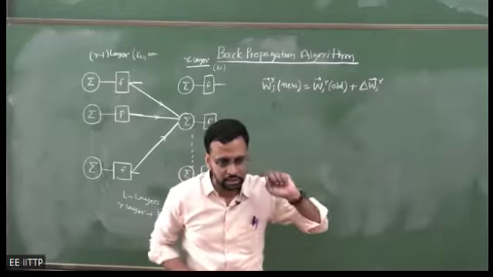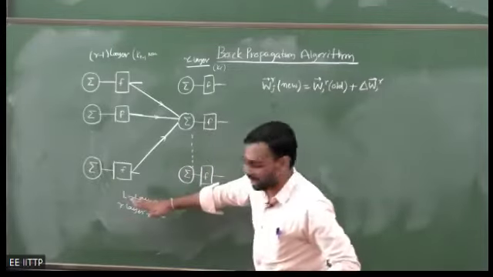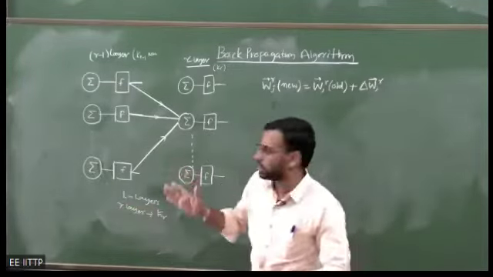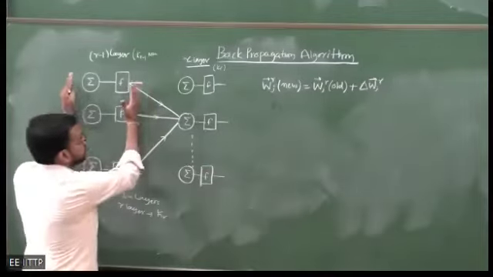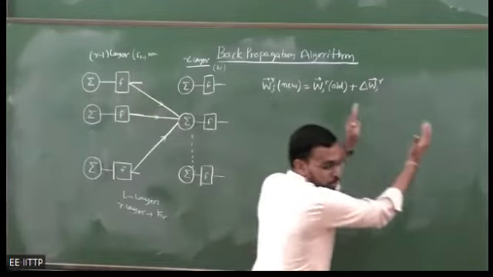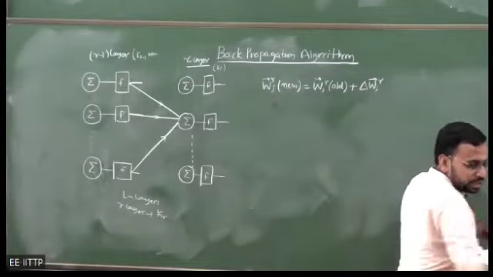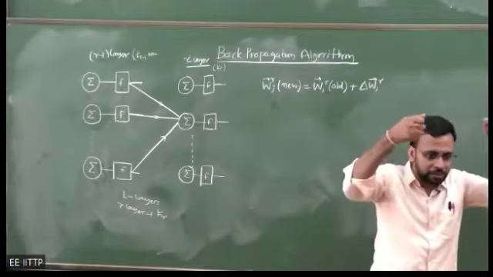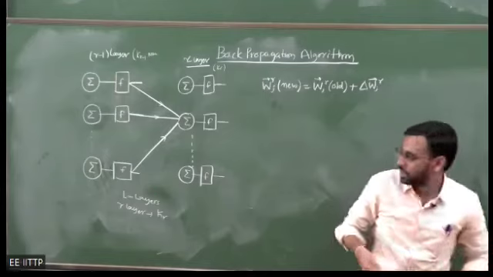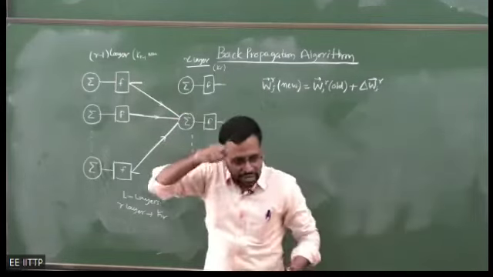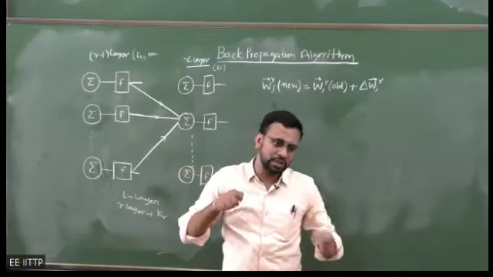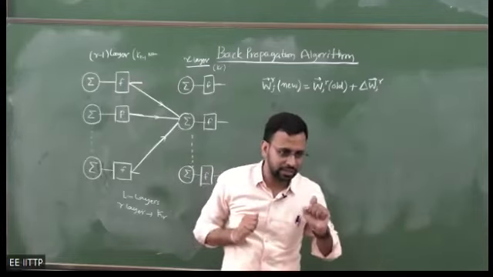See, there are L layers. This is one layer, this is one layer, you could have so many. There are L layers. In each layer there could be a different number of neurons. For a layer number, as a subscript to k, I am denoting the number of neurons in that layer. Is that clear? Good.